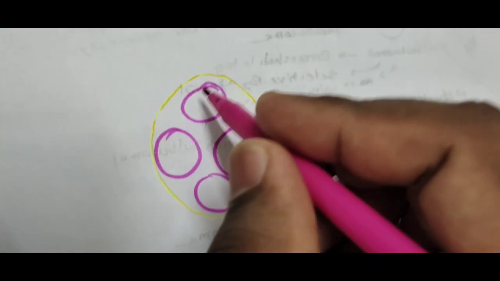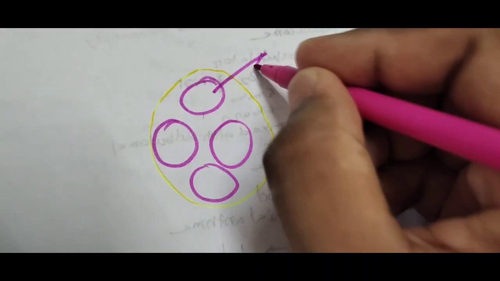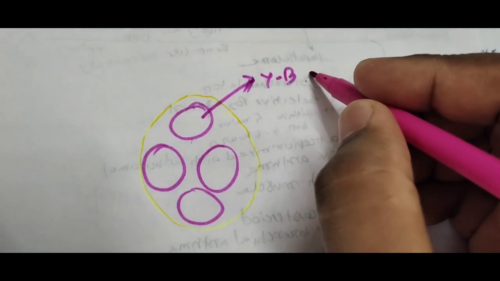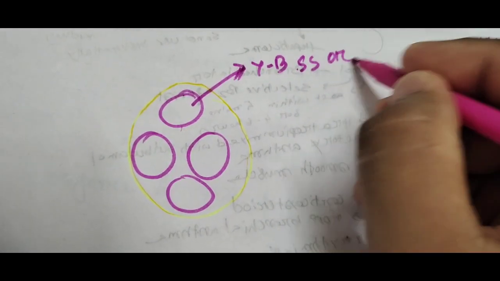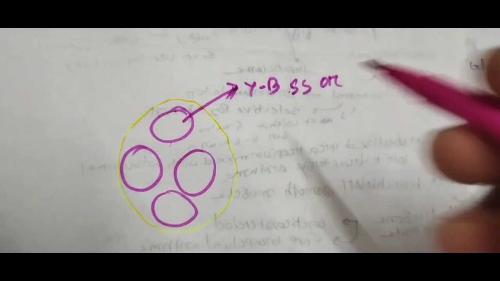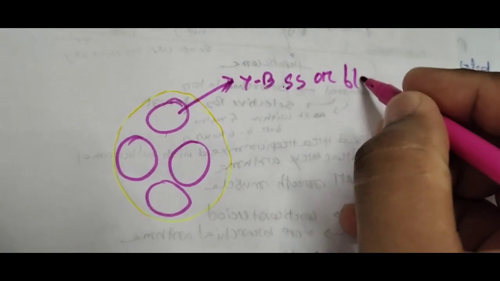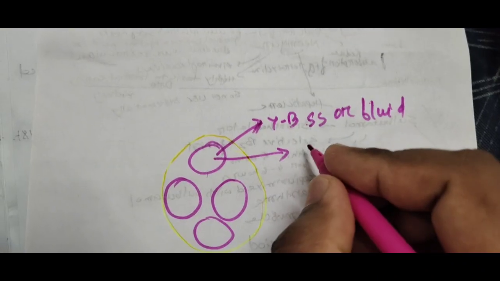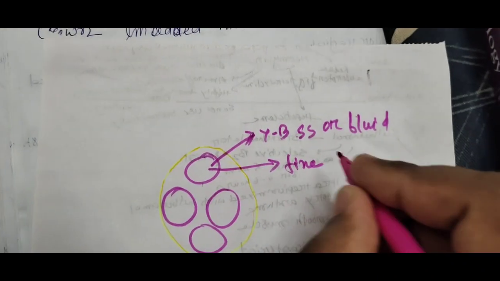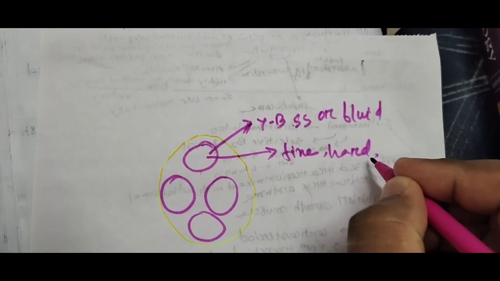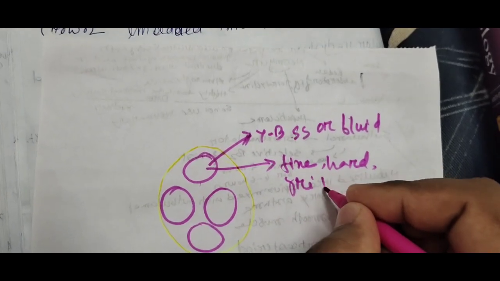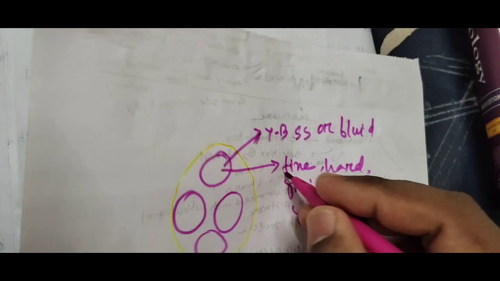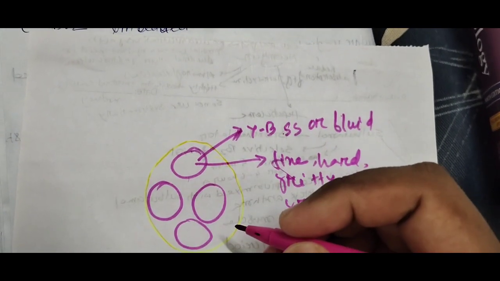In one space there may be yellowish brown semi-solid or fluid material. Here fine, hard or gritty, or granular material is also present in the cyst.